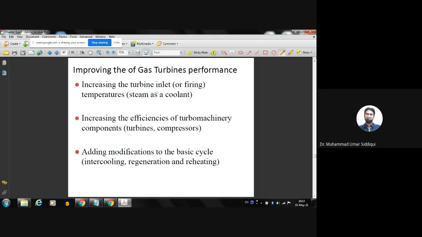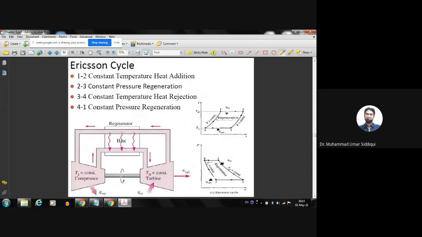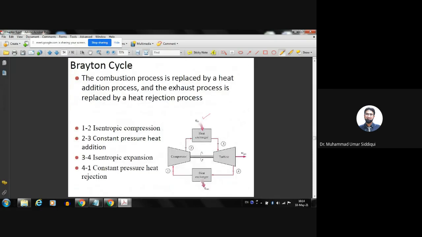How can we increase the efficiency of the gas turbine cycle? One way is that we can increase the turbine inlet temperature. This is our turbine. We can increase the turbine inlet temperature, but that means we need to do more combustion. But again, this is going to be limited because the turbine has a specific operating temperature.